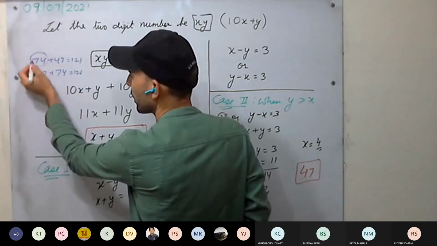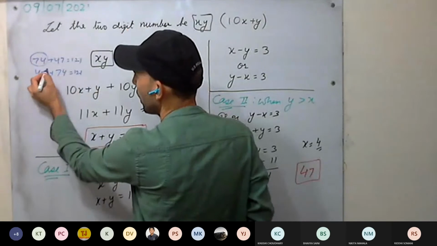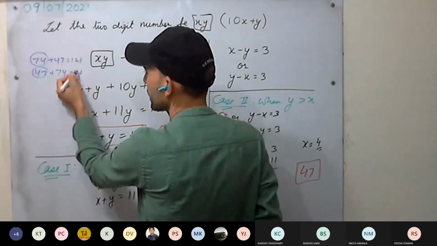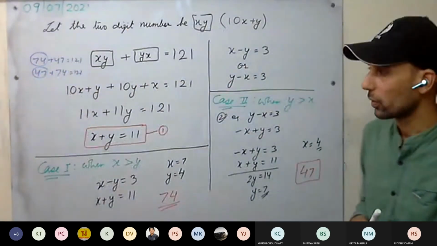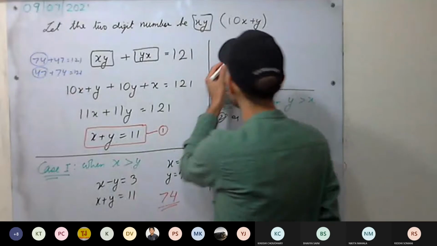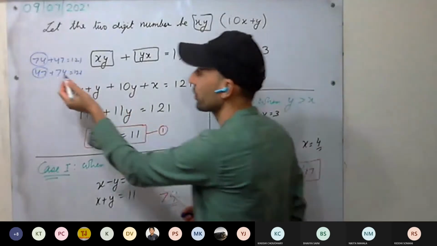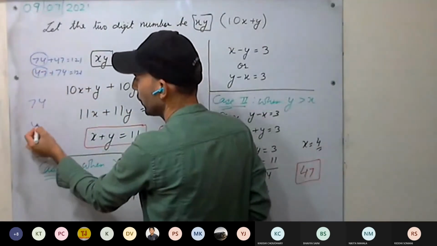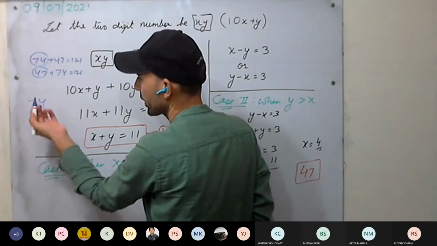Whether you take the number as this or this, you will always get the sum as 121. The difference of the two digits of 74 or 47 is always 3.